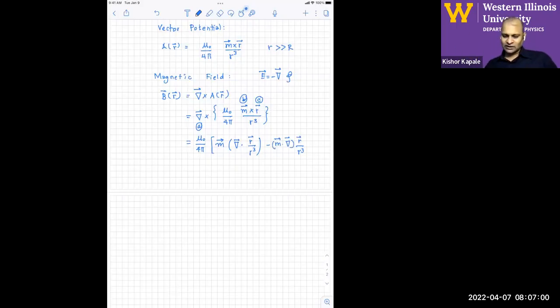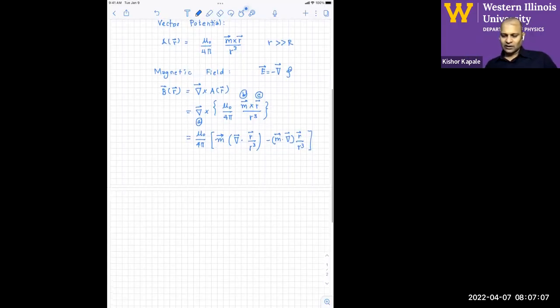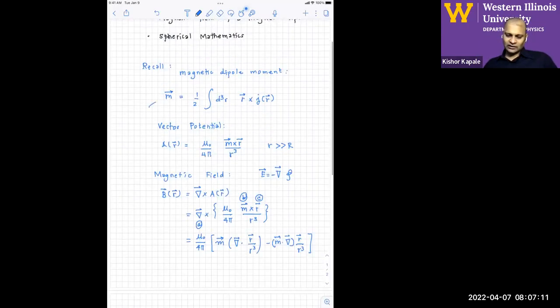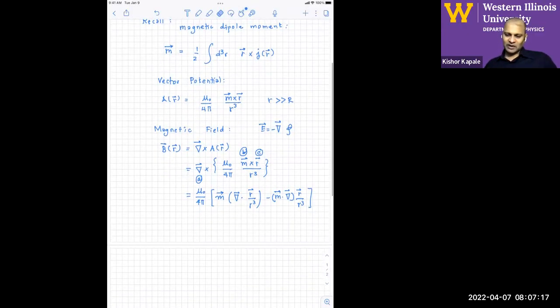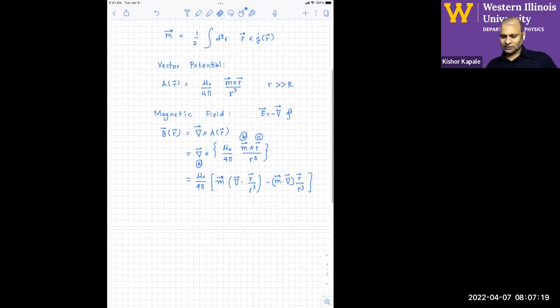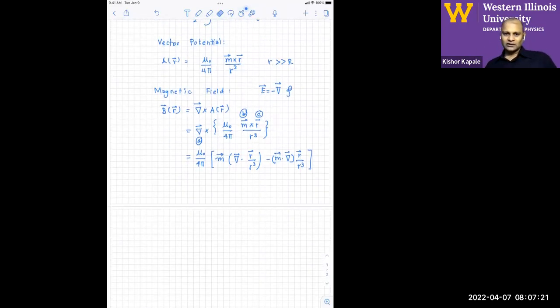That would make things messy because m is a constant vector, right? Once the current distribution is known and you evaluate this integral, that's constant, because it does not have any spatial dependence. That's just a quantity that's coming from the current distribution.